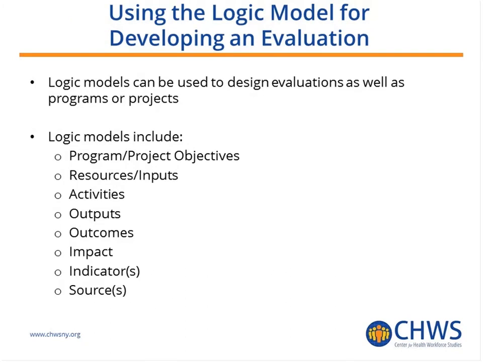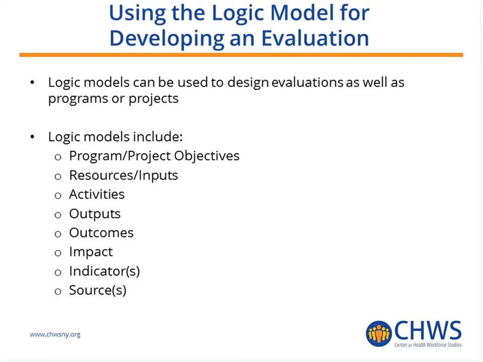One of the things that we want to do is use the logic model to understand how to do an evaluation. One of the things you're going to notice is the terms we've used throughout this, you're going to see again, activities and outputs and outcomes and objectives.